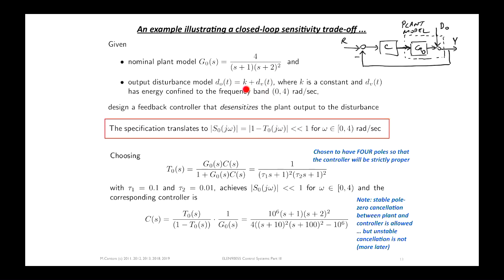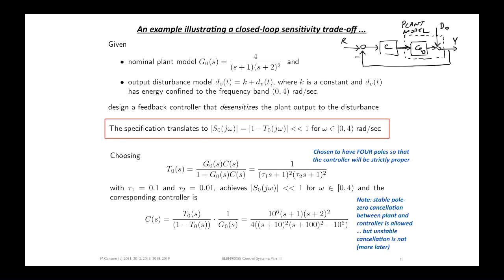So we know that there's a constant, but we don't know what that constant is. And we don't know exactly what this part of the disturbance is, other than its energy is concentrated in this range of frequencies here, from 0 up to 4 radians per second. So in some sense, this signal represents uncertainty, perhaps about the operating environment.